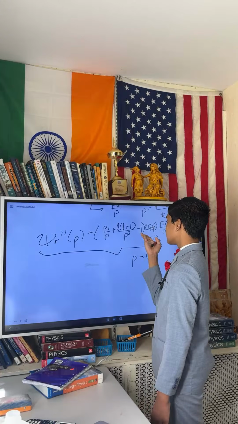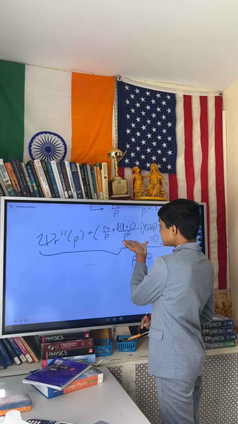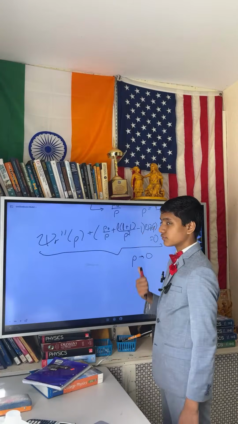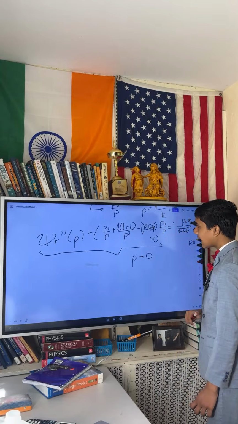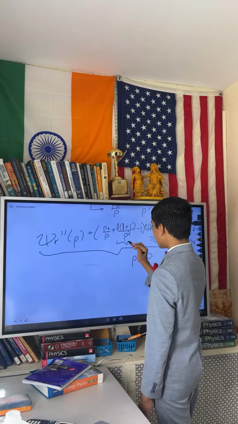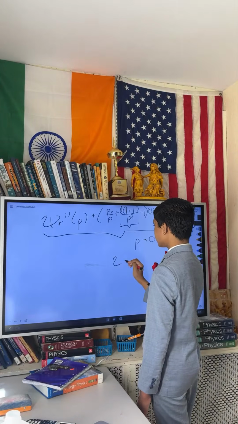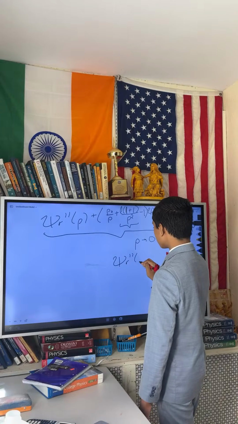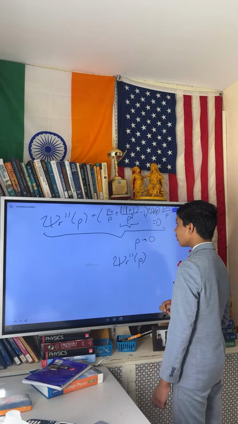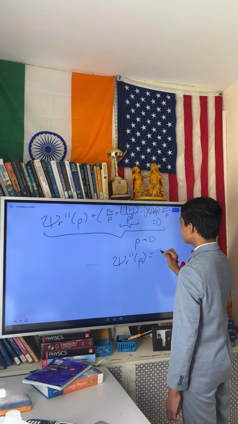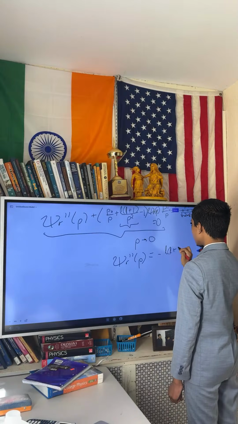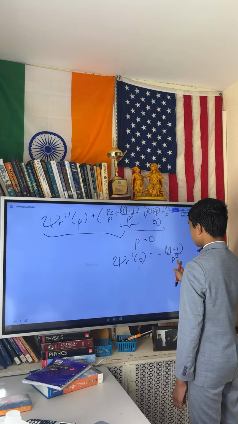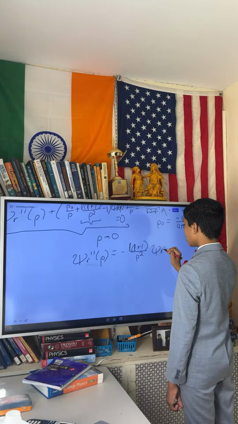Well, this is going to stay constant, this is going to blow up, but this is going to blow up even more since it's an inverse quadratic, which means that this term is going to outshine all the others, and you're eventually going to be left with psi r double prime of rho is equal to minus L times L plus 1 over rho squared psi r of r.